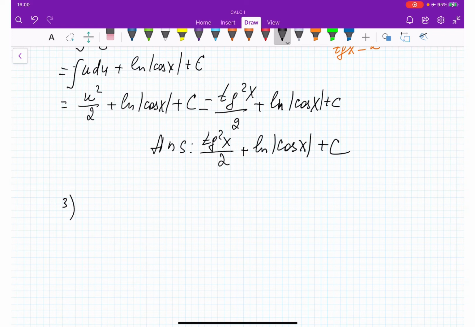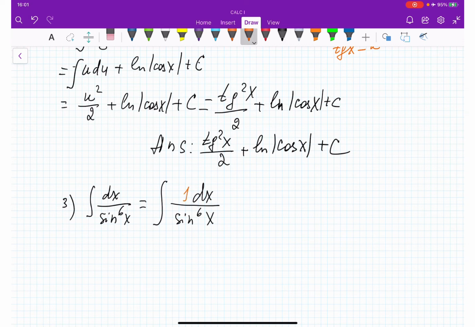Okay. And lastly, let's solve this one: the integral of dx over sine to the power 6 of x. I need to do some manipulations. I have here dx over sine to the 6th of x, and nothing will happen if I put a 1 here.